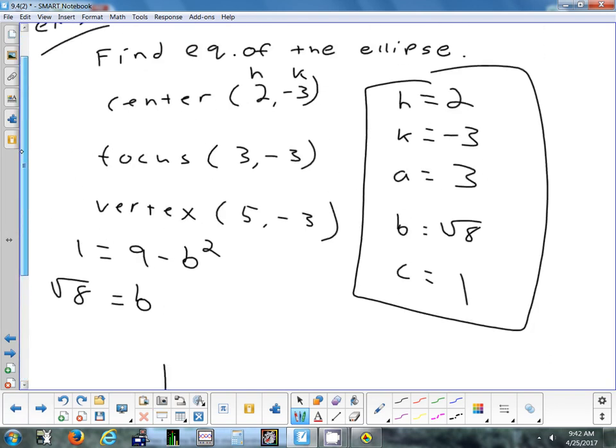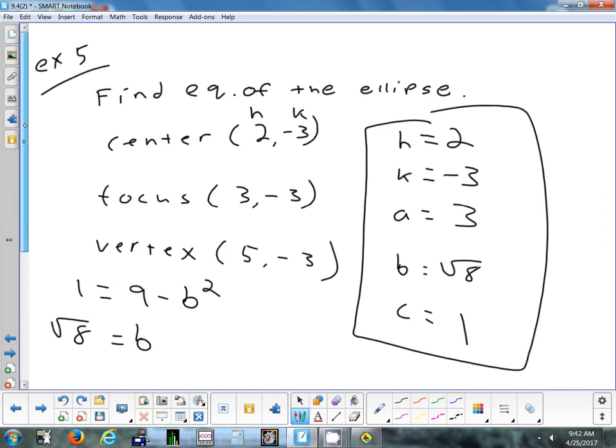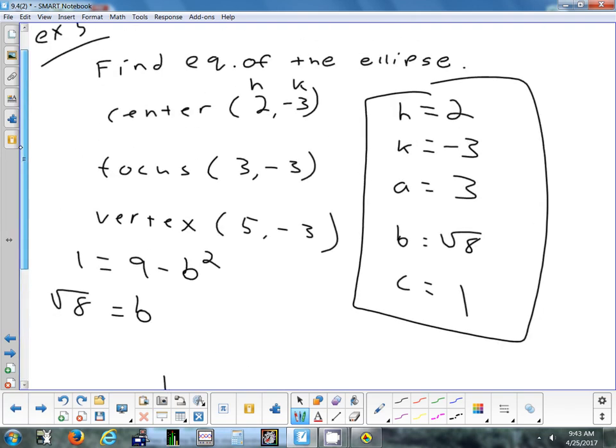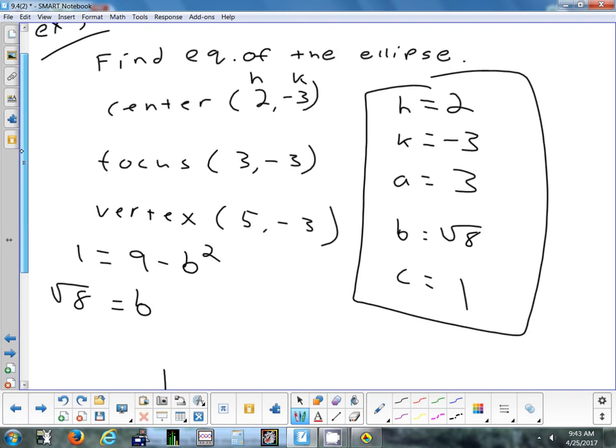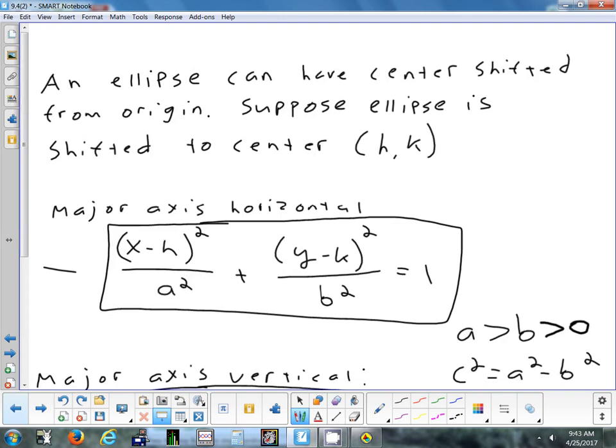The foci, right 3, down 3. So just a quick sketch. Vertex, right 5, down 3. I don't even have to keep graphing things. How are these points lined up? They're horizontal.